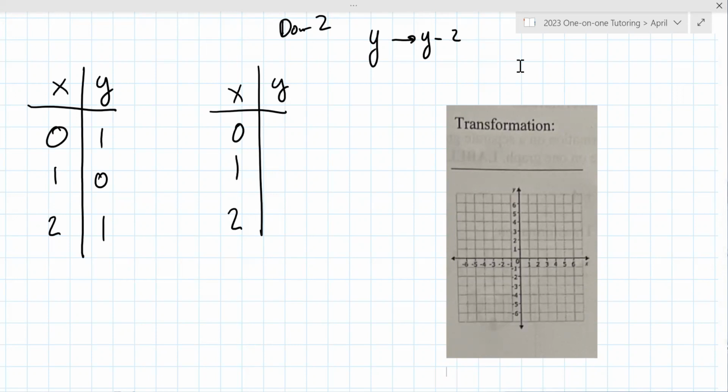And y is 1, 0, and 1. So you subtract to -1, -2, and -1. Yeah. 0, -1, 1, -2, 2, -1.